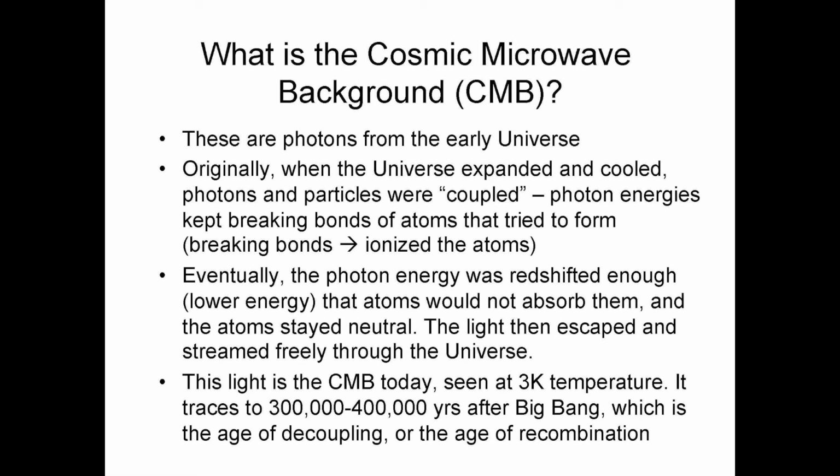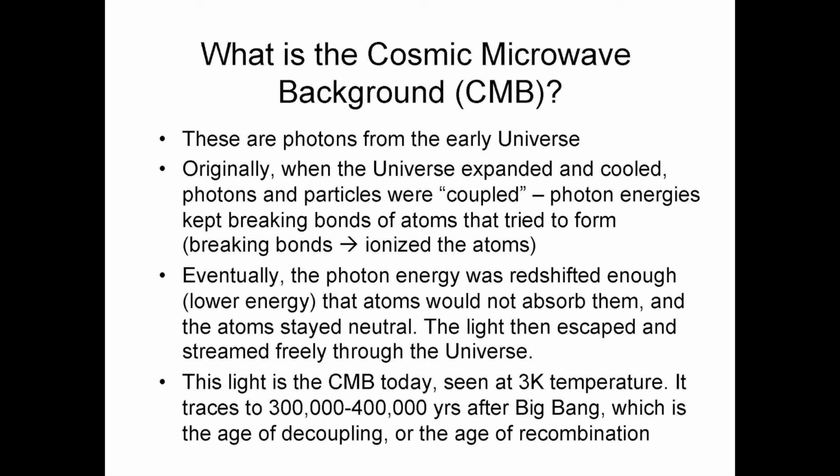That turned out to be 300,000 or 400,000 years after the Big Bang, so in the very early universe, there were protons, there were electrons, so they tried to get together to make atoms. And there were photons with enough energy that it kept breaking apart the atoms. And so there were atoms that would form and then they'd be ionized, and that happened over and over again.